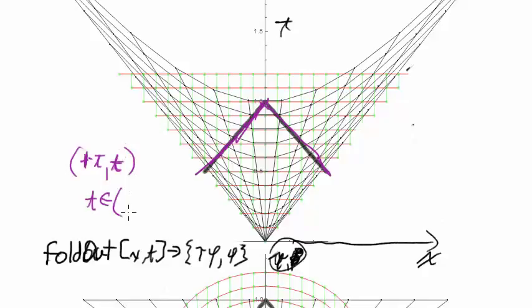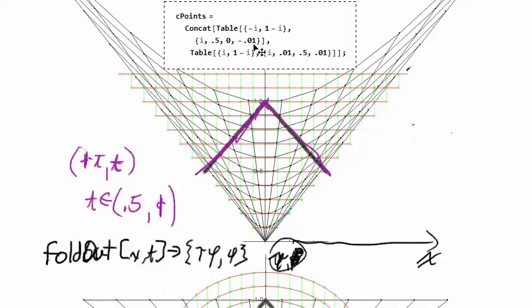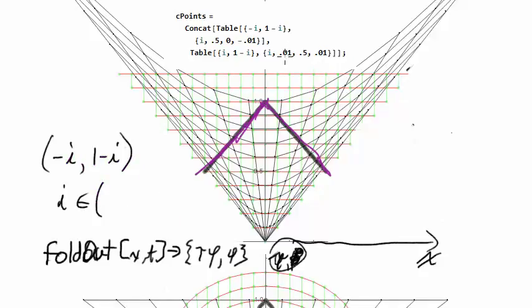And the events over here are x equals, you know what? Let me pull up my Mathematica code here of what I used for these. On this side, on the left-hand side, I used negative I comma 1 minus I, where I is a member of basically 0 to 0.5.